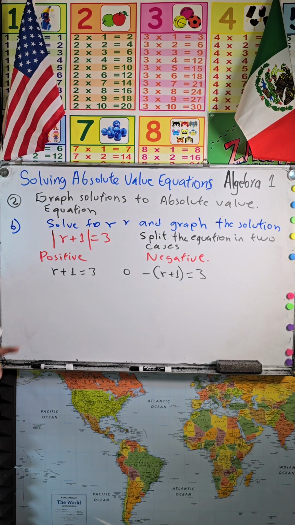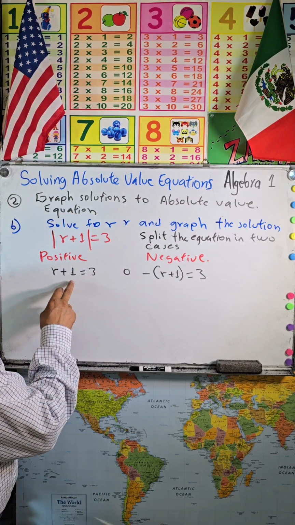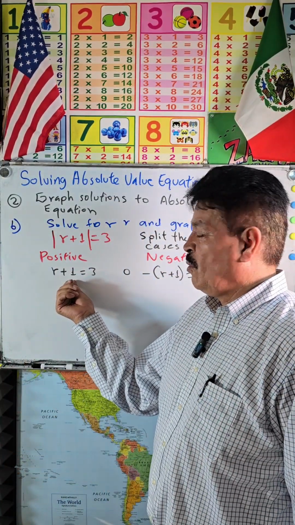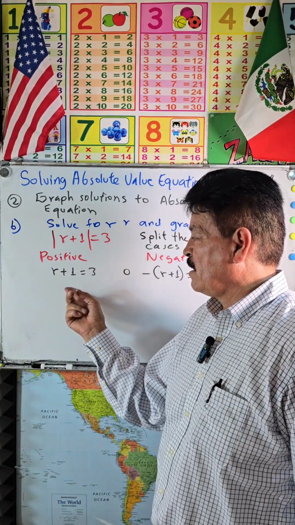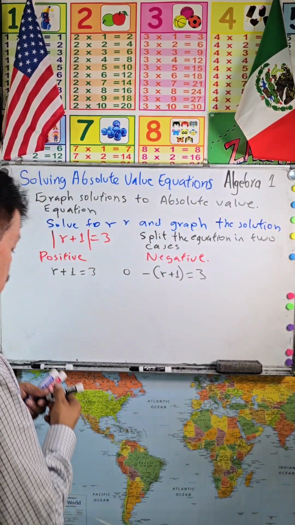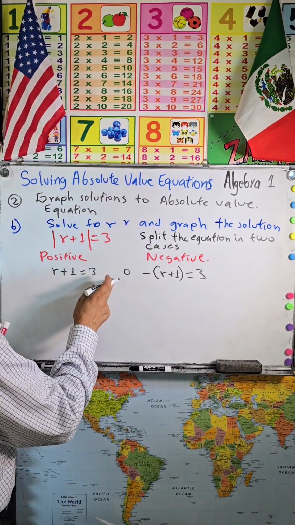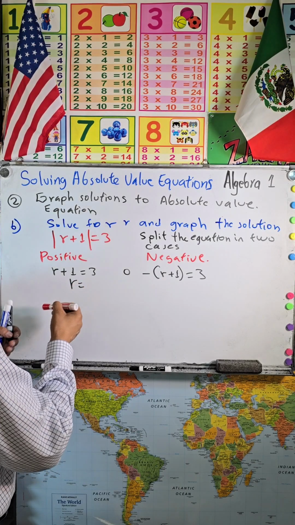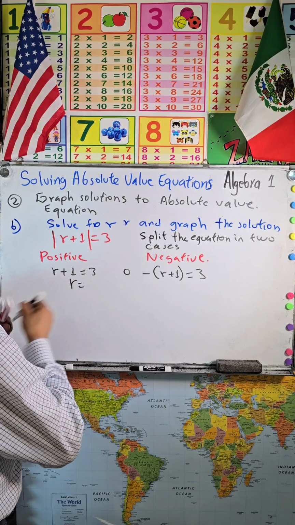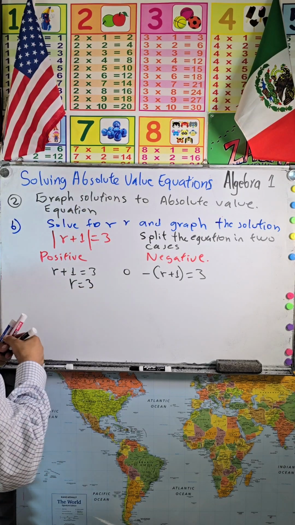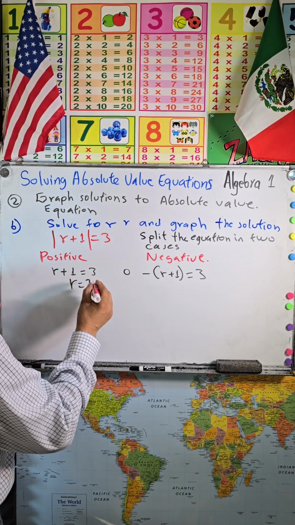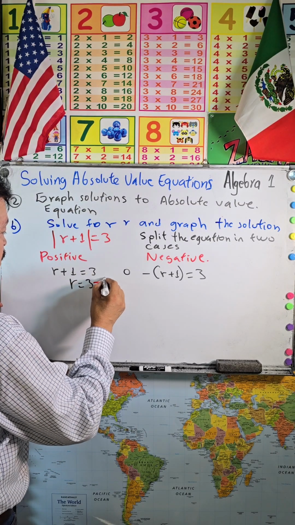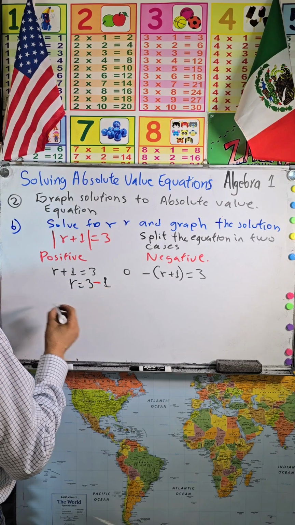It is very simple. In the positive case, we need to get the variable by itself, so move all the numbers that you know to the right side. In this case, we have 1. Next step, r equals 3, subtract 1 right here.